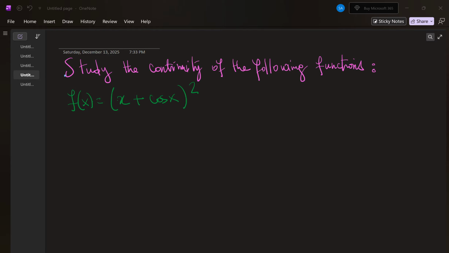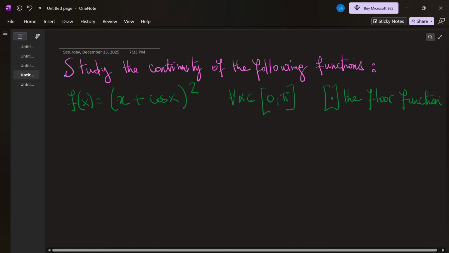Here x is in the interval from 0 to pi, and this is the floor function. Here we have the floor function of cosine x.